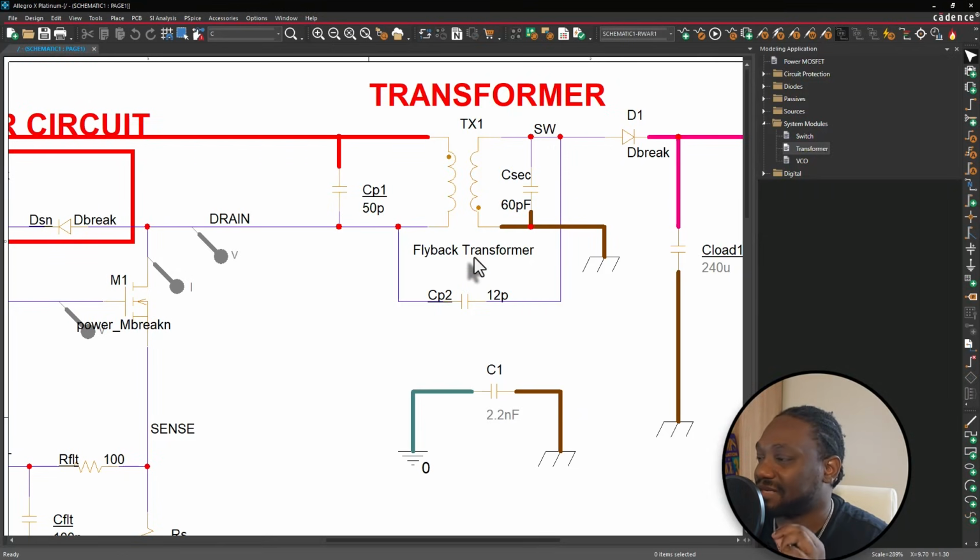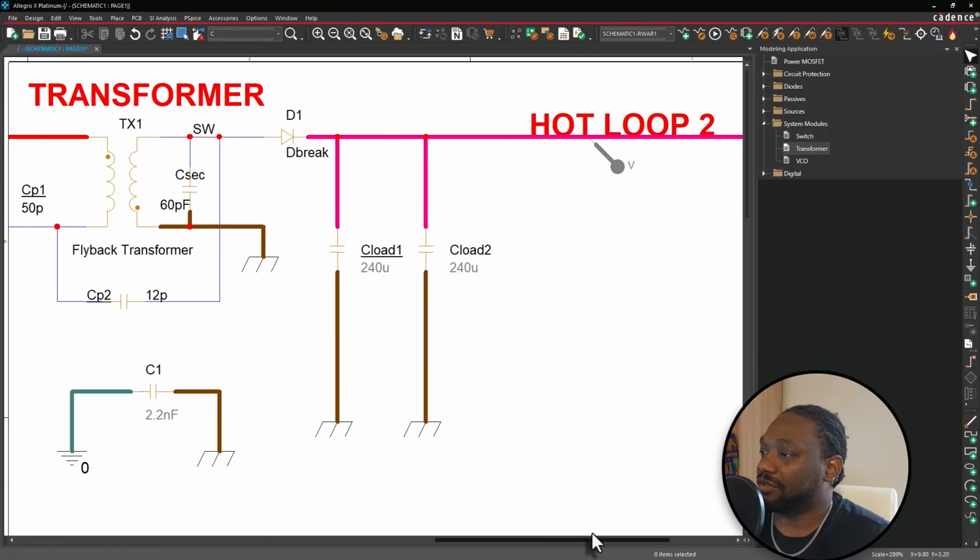So you're going to need these little capacitances on here because these are realistic and practical in any flyback transformer or coupled inductors. Lastly, there's one more capacitor that I put on here, a capacitor on the secondary, a little bit of parasitic capacitance there, 60 picofarad.